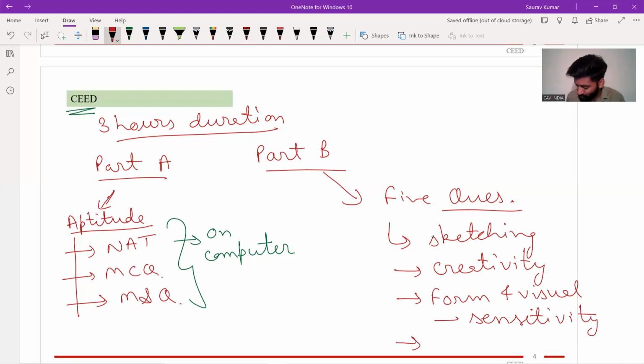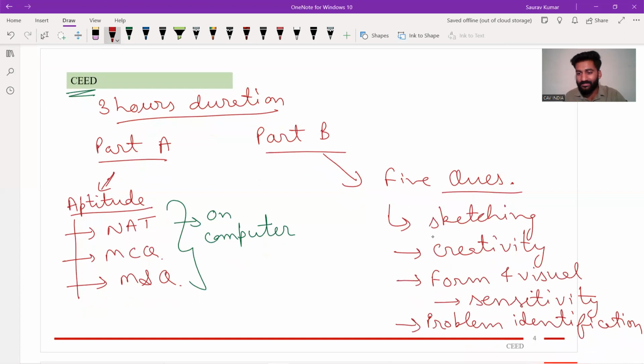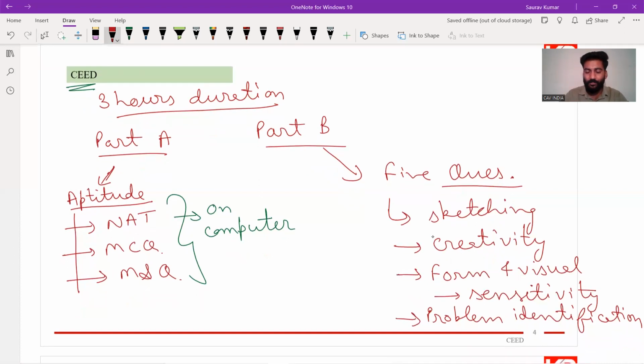These are basically 2 questions. Like 2 years back, CEED used to just give you different categories and you needed to attempt any of that question. But now there are these 5 questions based on all these different categories: sketching, creativity, form sensitivity, or visual sensitivity, and you need to attempt all of them.